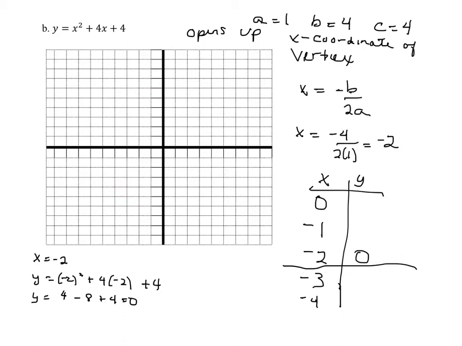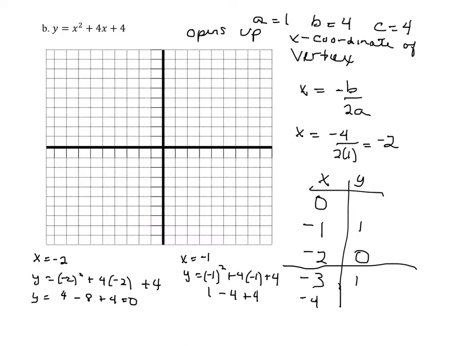Now let's plug in negative 1 for x. So y is equal to negative 1 squared plus 4 times negative 1 plus 4. So 1 minus 4 plus 4. So that's 1. So bam-a-lamb, I have the 1 at negative 3. Done.